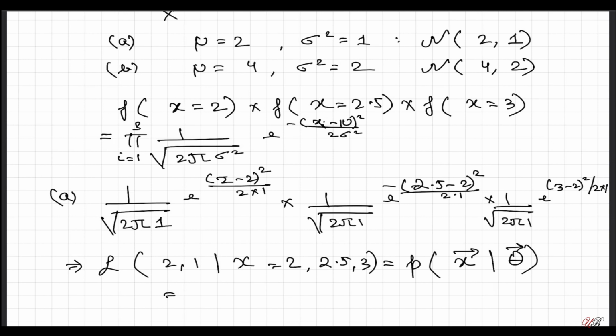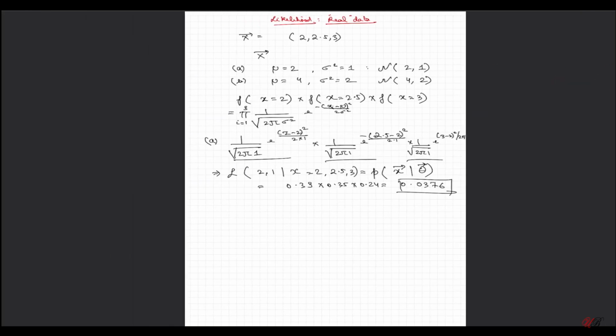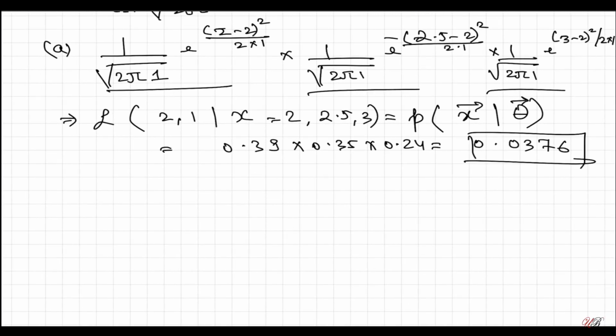This likelihood can be written as 0.39 multiplied by 0.35 multiplied by 0.24. Just by solving 1, 2 and 3, we get this as 0.0376.